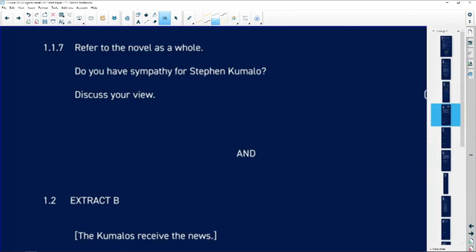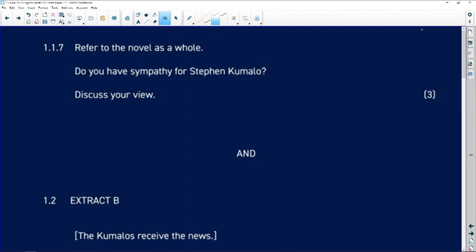And we have this question, and I want you to use the PEA method again here. Do you have sympathy? Remember, you've got to begin with yes or no. So, yes, I have sympathy for Stephen Khumalo. Full stop.